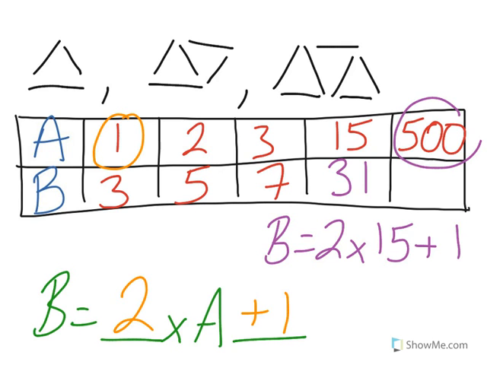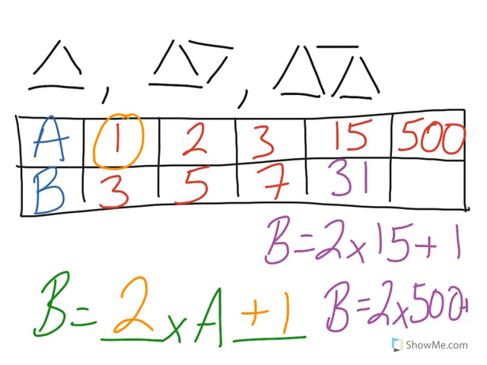To figure out what would happen for 500 triangles, I do the same thing. I replace the A with 500. B equals 2 times 500 plus 1. 2 times 500 is 1,000. 1,000 plus 1 is 1,001.